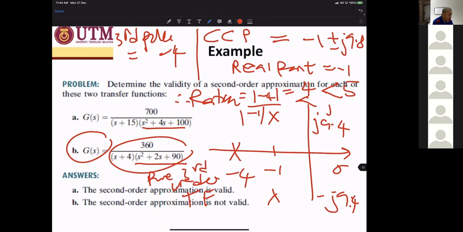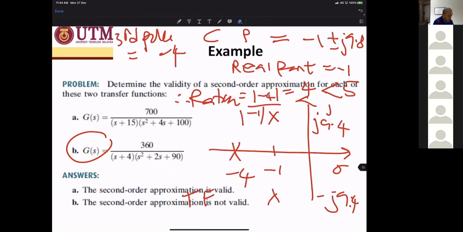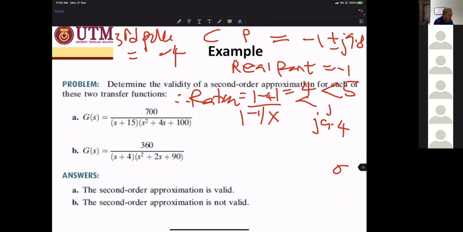So that's why the answer for this problem is shown here.